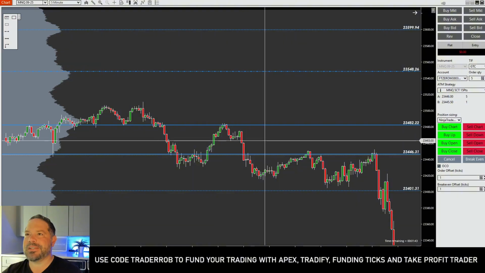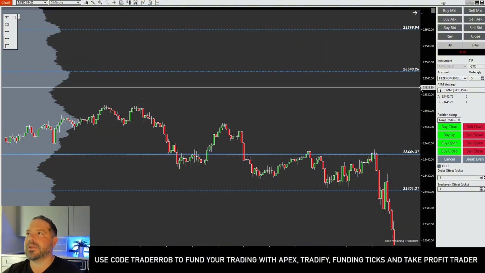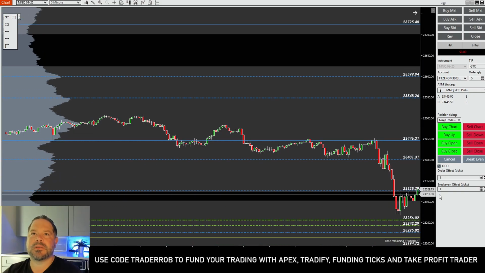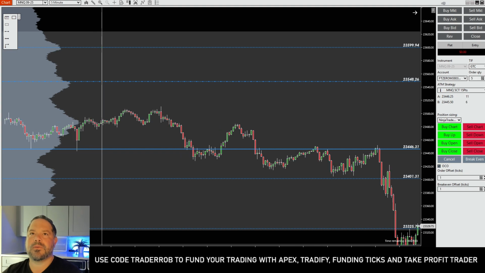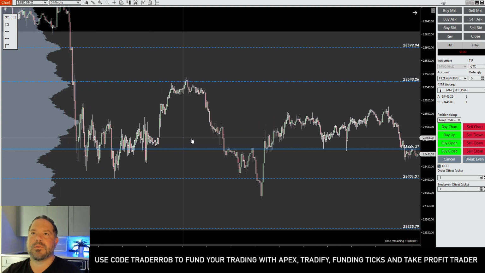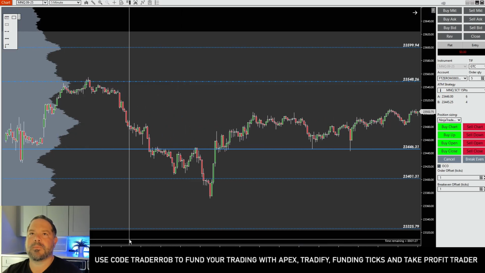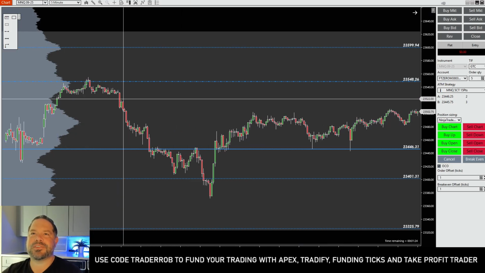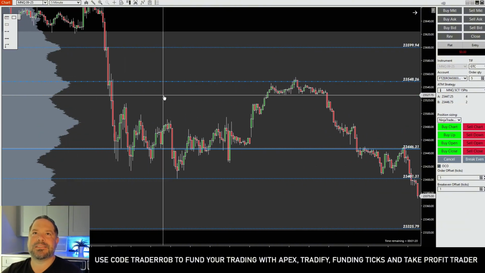This push here really didn't break any structure. Not interested. What about this guy? Didn't really break any structure at all either here. It's just not.